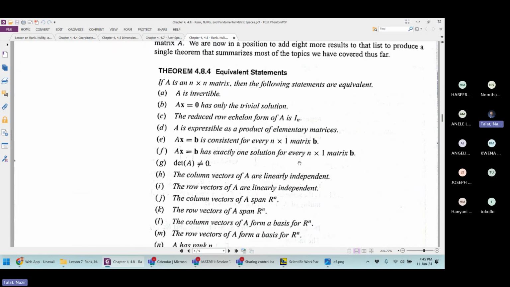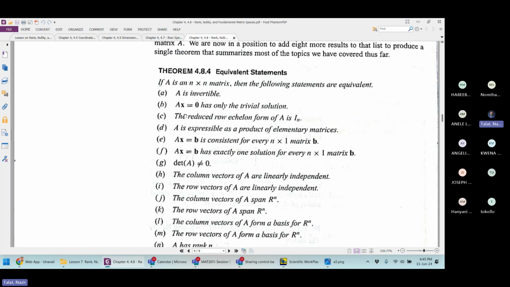And then the following are equivalent in that case: if A is an invertible matrix, meaning A inverse exists, then Ax equal to 0 has only the trivial solution, which is 0. And if it has only the trivial solution, then the solution is still a vector space, a subspace whose dimension is also 0.